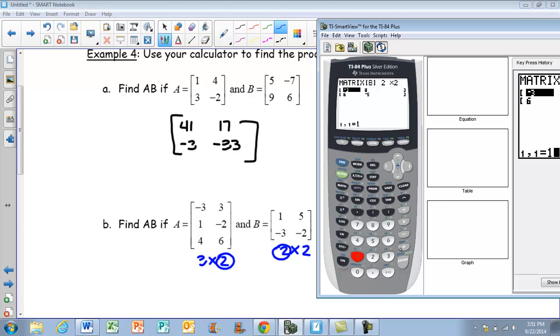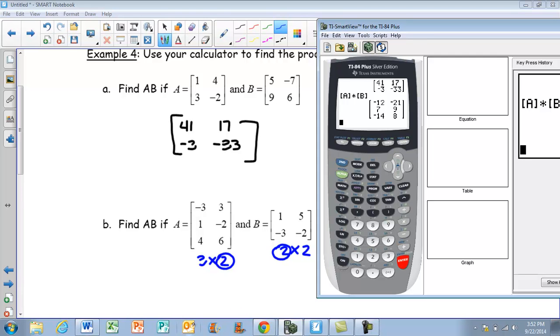So I have 1, 5, -3, and -2. Okay, so now I'm going to go to second quit, and then I'm going to go to second matrix. I'm going to take matrix A and go back into my matrix menu, multiply it by matrix B, and this is our answer here.